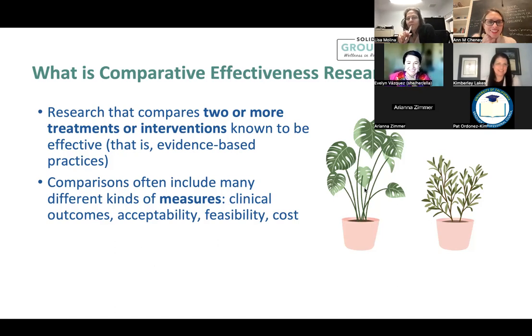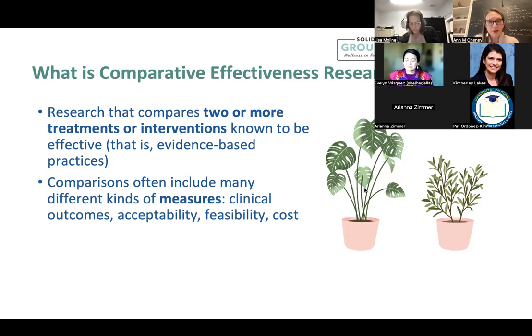Does someone else know what the plant on my right is? Maybe an olive tree. It kind of does look like an olive tree. Okay, so we're going to say we have our Monstera and then our olive tree. Did I pronounce that right? I have one of these plants in my house, but I can never remember the name of them. It's like monstro. Monstera. Yes.